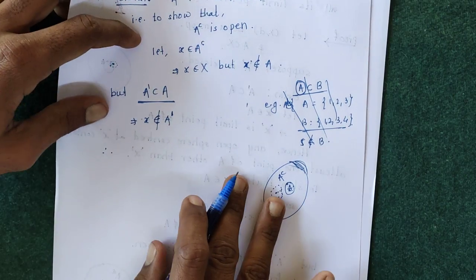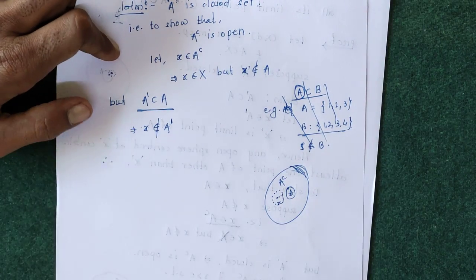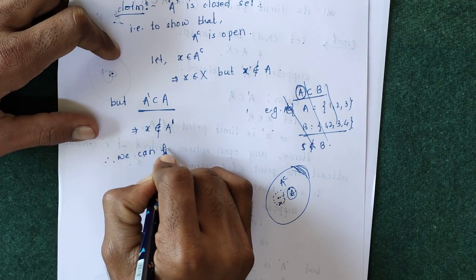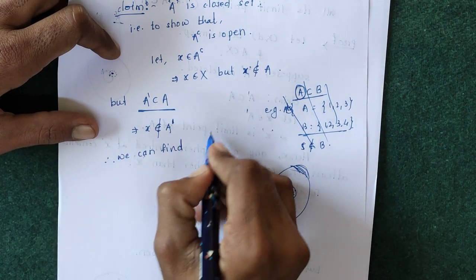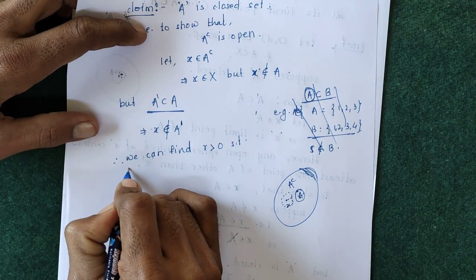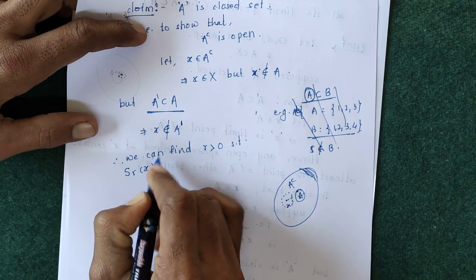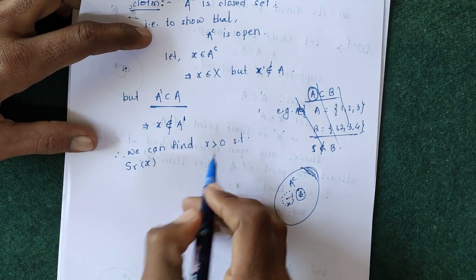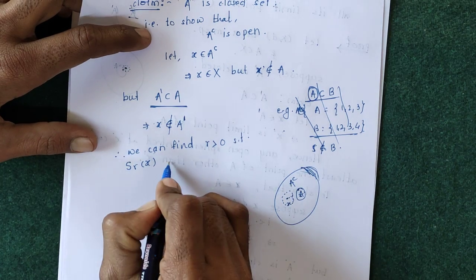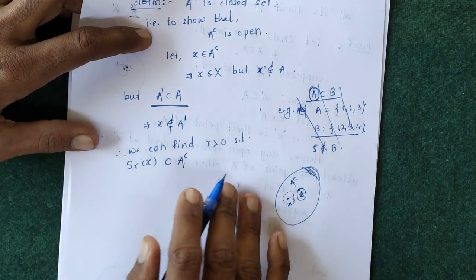So x does not belong to the limit points of A means we can find some radius greater than 0 such that S_r(x) lies inside A complement.